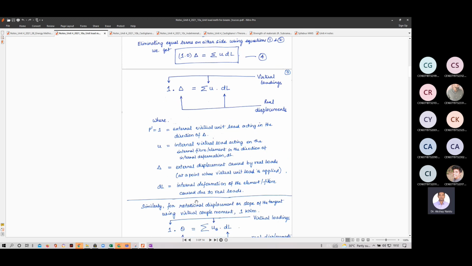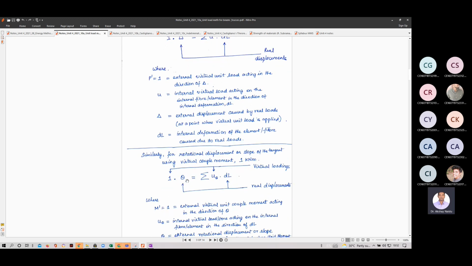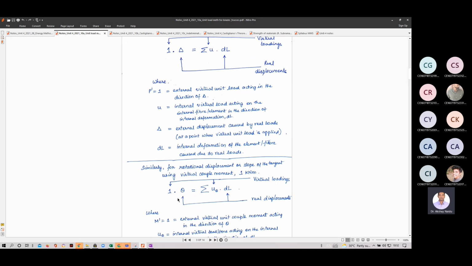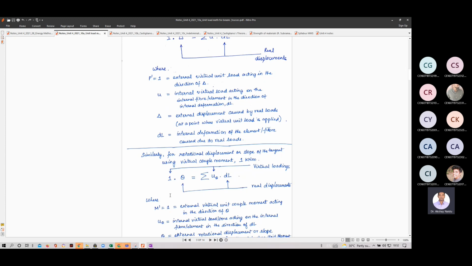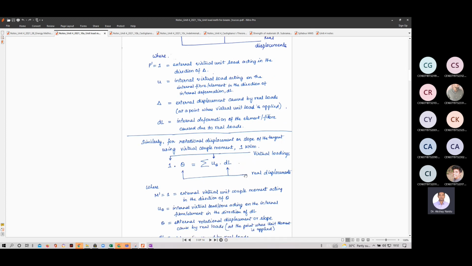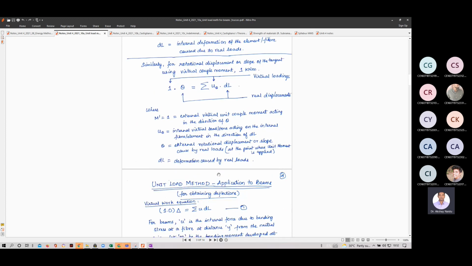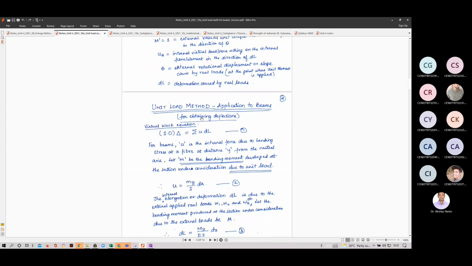Same expression we can also do for theta, not just for delta, for slopes also. Instead of unit force, we apply a virtual unit moment, a unit couple: 1 times theta is sigma u theta dl. So virtual loading, real displacements. This is the concept.